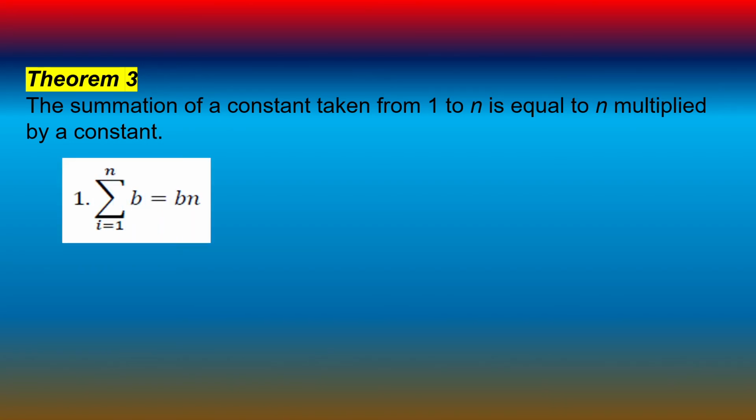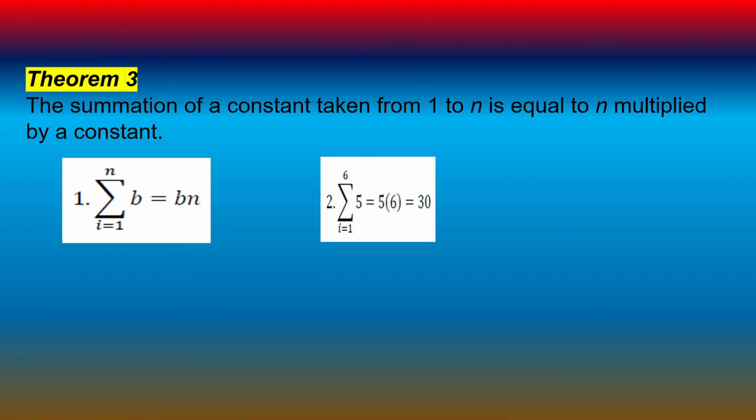So, katulad nito. So, let's say b is the constant. So, this is the same as b times the n. So, kung ano yung constant mo, kung constant lang yung ating formula dito, ibig sabihin, i-multiply mo lang lagi siya sa n or sa number of terms or sa number of observations.